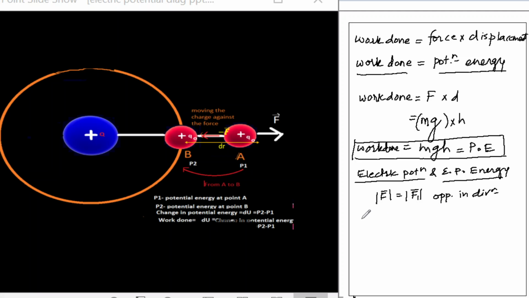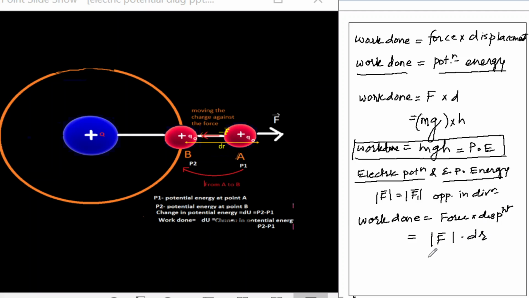So work done is nothing but, we know the formula, work done is equal to force into displacement. Which force are we using here? That is F. Displacement is how much?